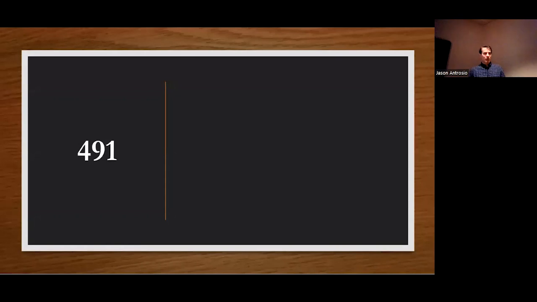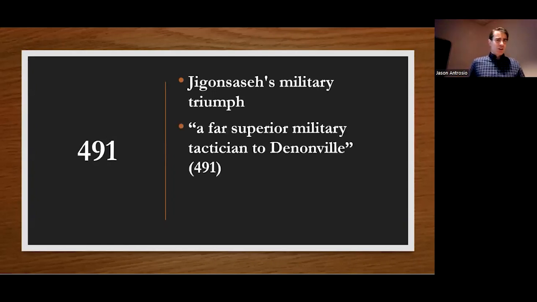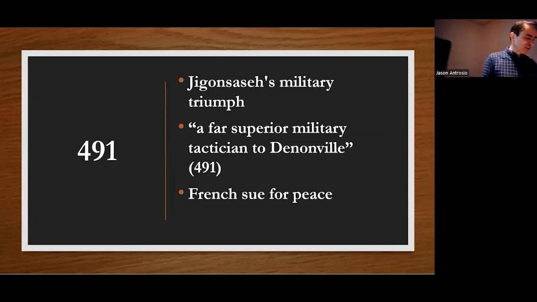And then he arrests them all and sends them to France as enslaved people on a galley ship, which is very mean. But there was one known as the Jigonsaseh, who did not attend, a woman who raises an army and then triumphs over Denonville. So much triumph, as they put it, a far superior military tactician to Denonville, so much triumph that around Montreal they burned a bunch of stuff, and so the French eventually had to sue for peace.